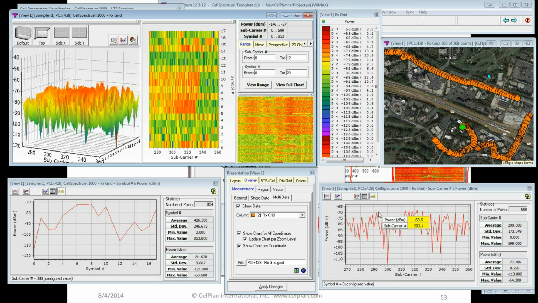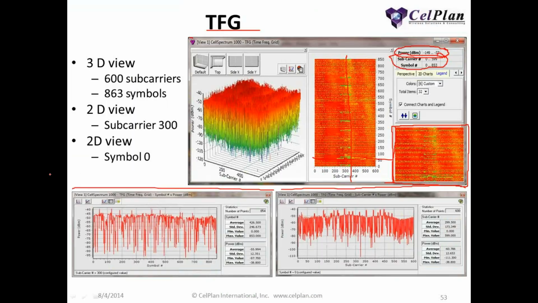And not only this, we can also see the statistics here of the tool for the power and so on. And everything is synchronized. So I will go back to the presentation and we can go to the next screen.